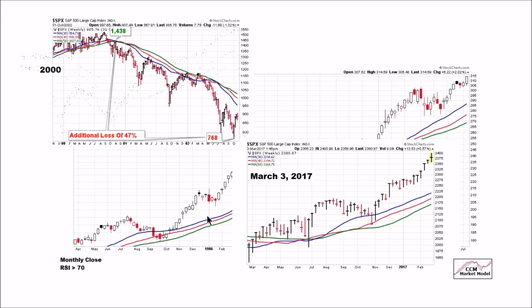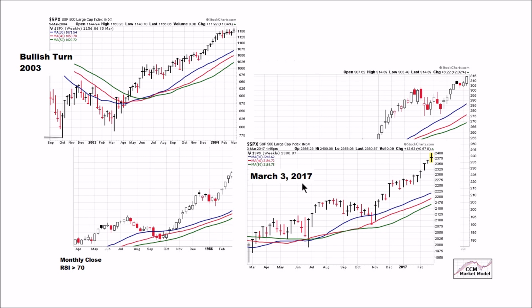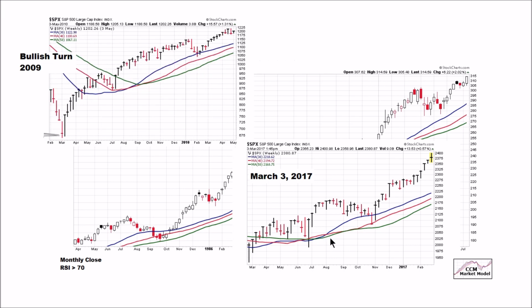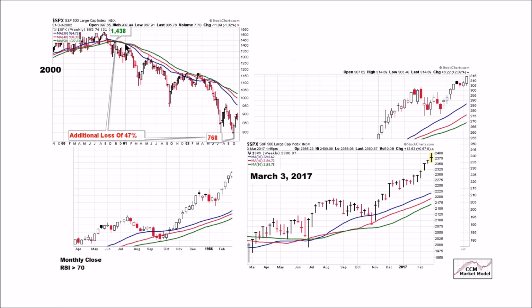In fact, the present day, March of 2017, looks more like the bullish turn in 2003 after the dot-com bear market. We have a turn, we have a similar turn here, and the present day also looks a lot more like the bullish turn in 2009 than the bearish turn in calendar year 2000.